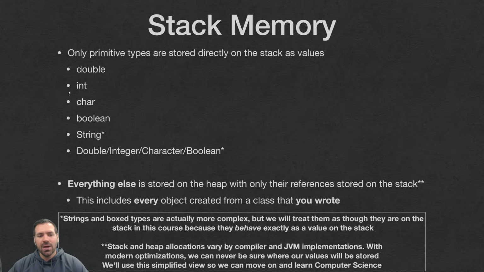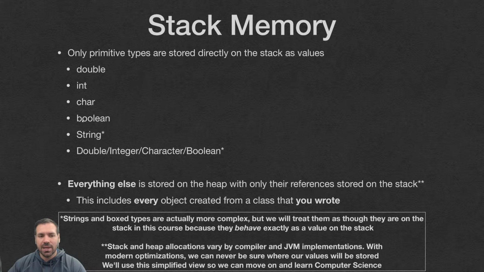And in our traces, all of these types, we're going to store their values directly in the variables. So a variable of type int is going to store its numeric value directly in that variable. And there are other primitive types. Primitive types are any type that starts with a lowercase letter. These are the ones we're going to see, minus char.